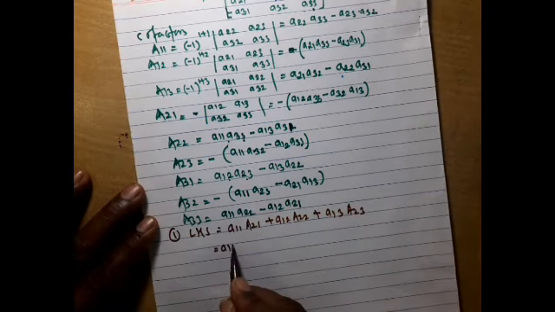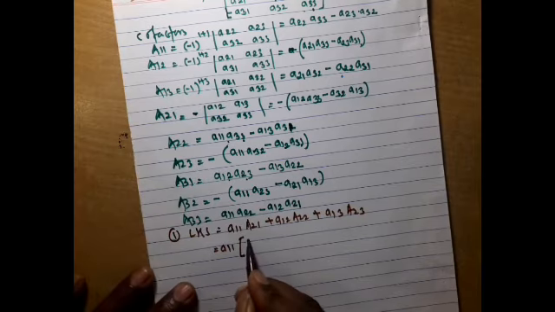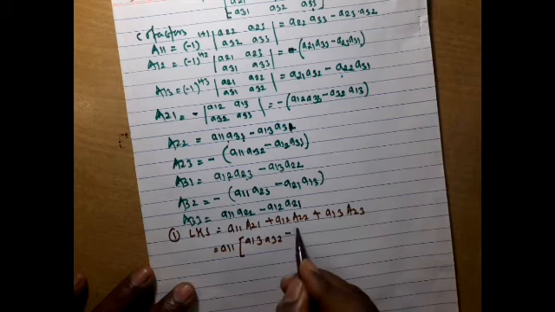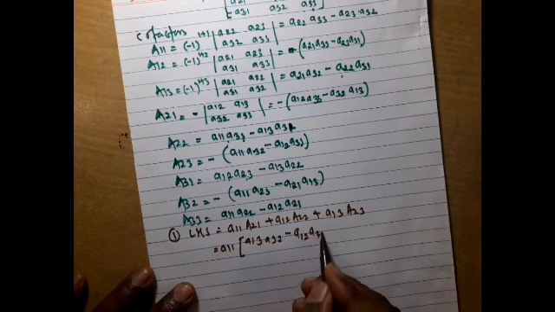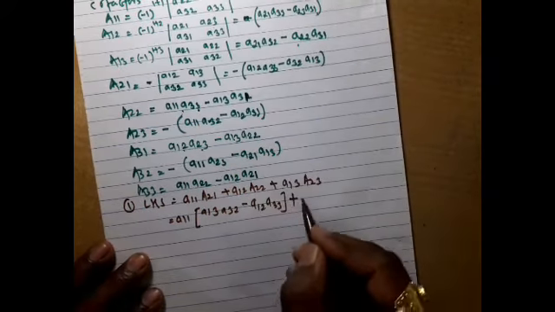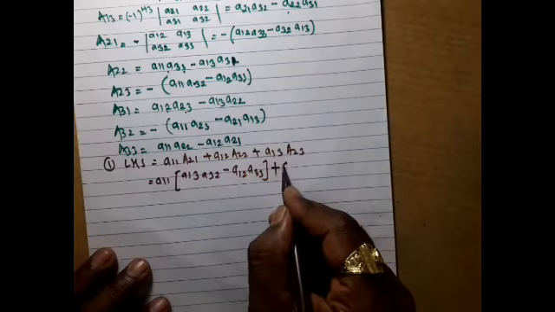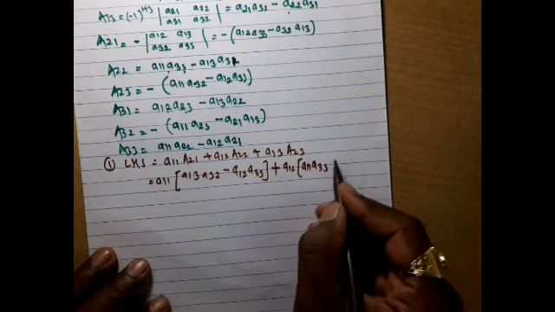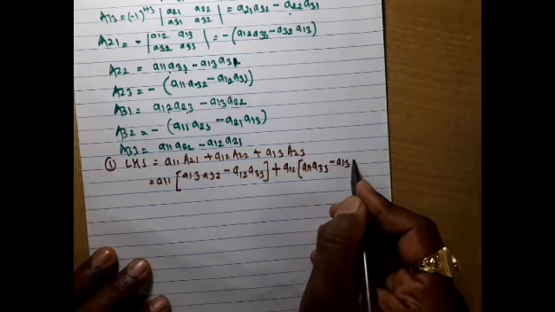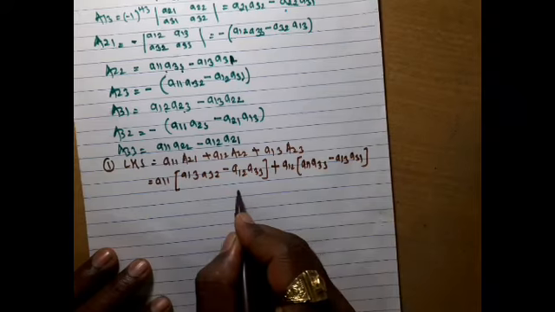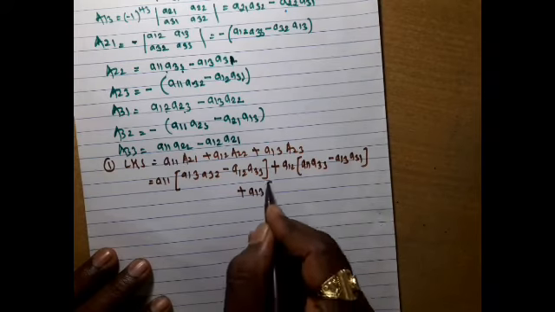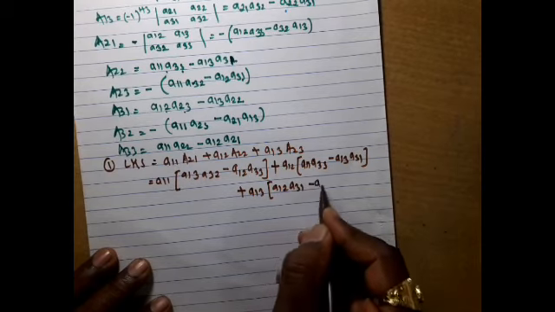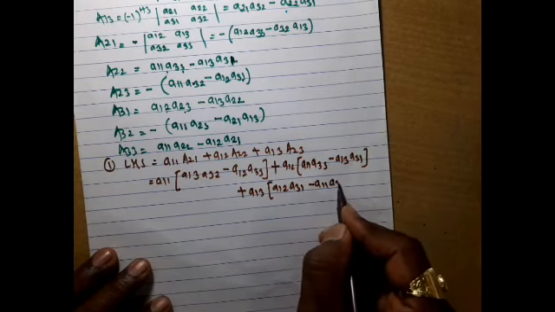It is a11 into the bracket a13 a32 minus a12 a33, plus a12 into the bracket a11 a33 minus a13 a31, plus a13 into the bracket a12 a31 minus a11 a32.